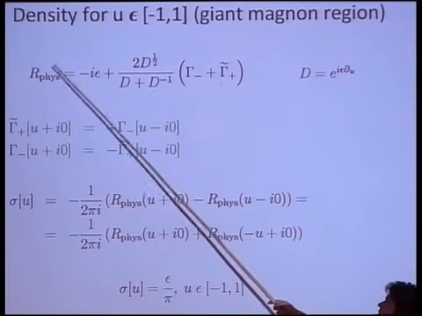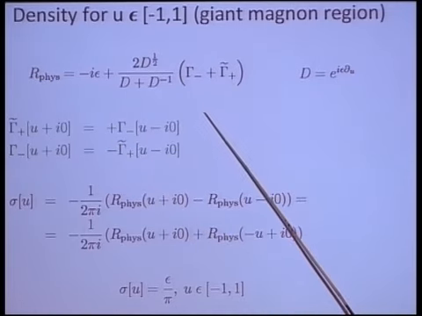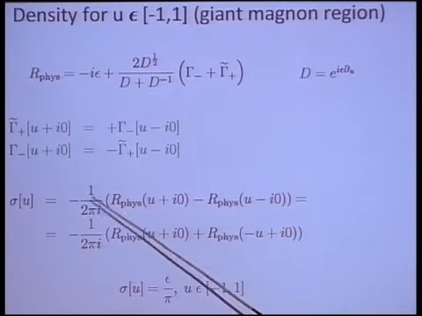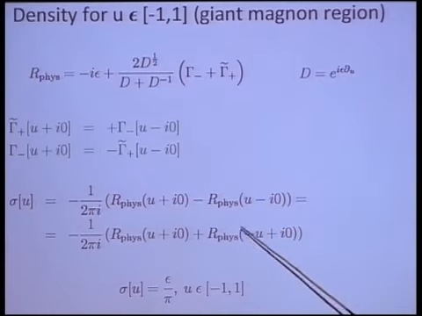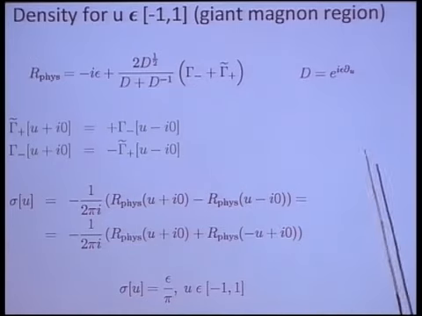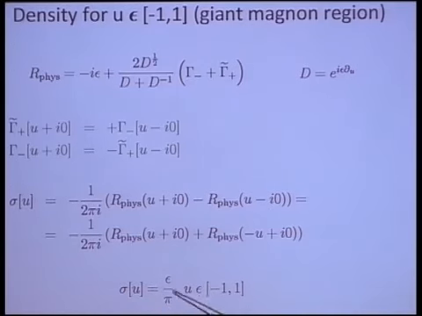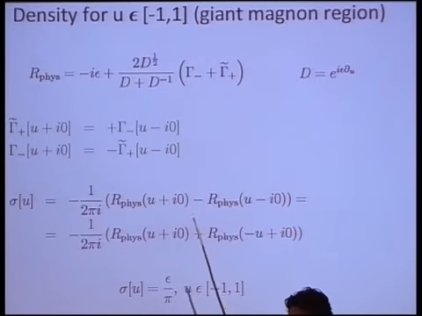Actually, what we do is express our physical quantity through gamma minus and gamma plus, and using this equation and the definition of density, we see that this term just cancels. So in the perturbative expansion, without non-perturbative corrections, in this region the fluctuation density is constant to all orders, and this means that the total density is 0.